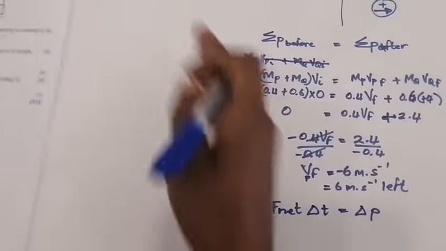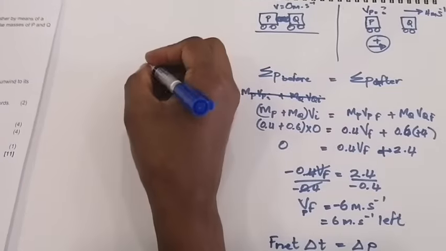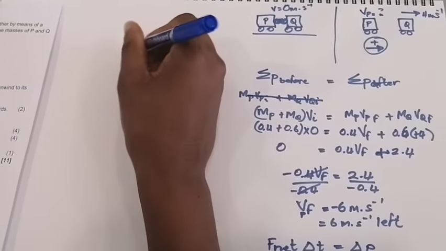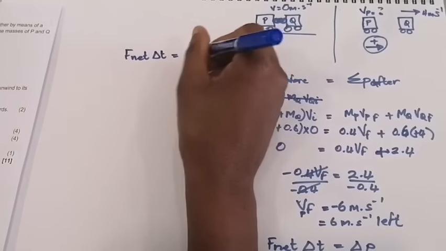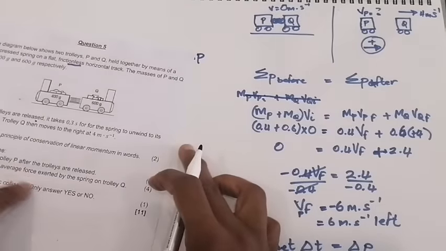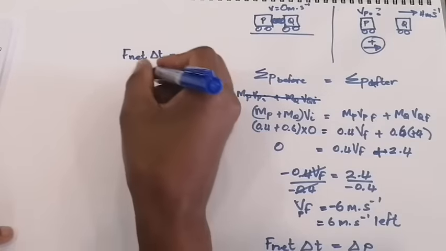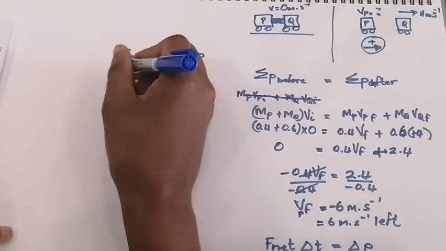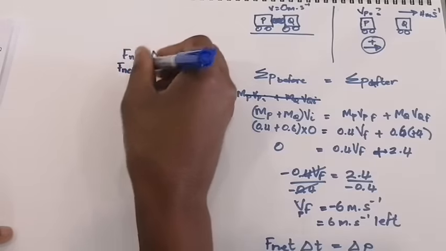I'm just going to continue with this question on the other side here so that I have sufficient space. So it seems every time they want to talk about force, I'll always resort back to this impulse momentum equation. So what is my net force in this particular case?